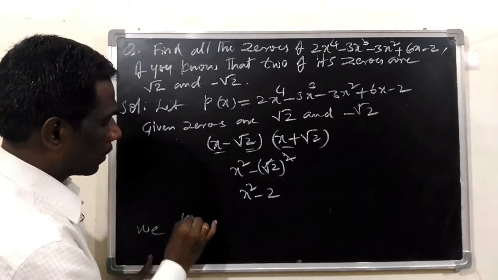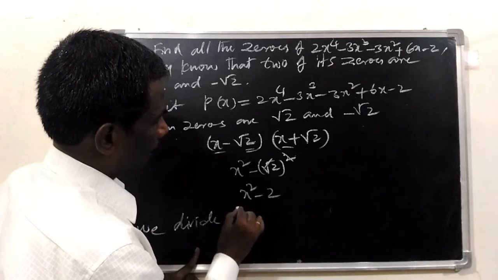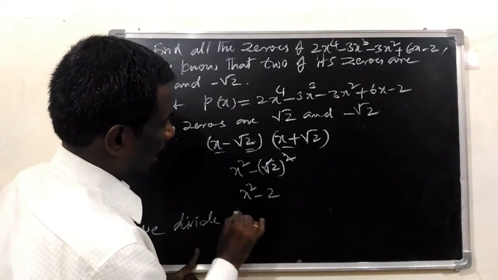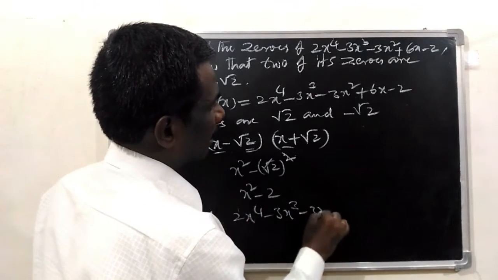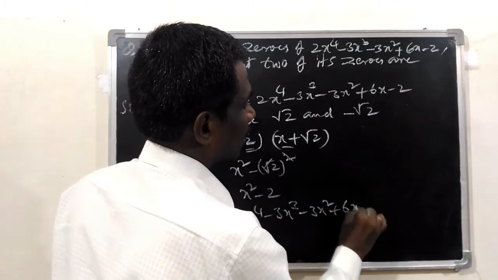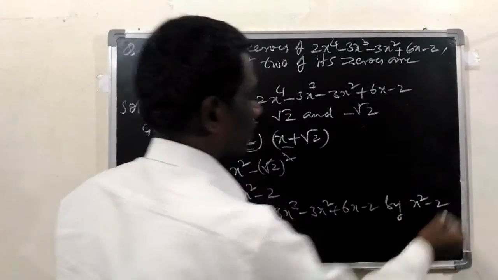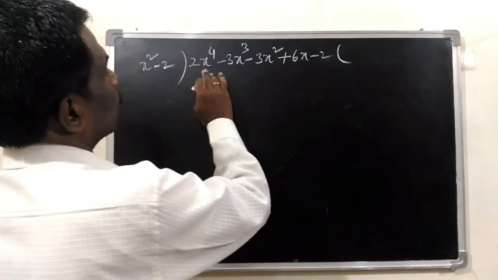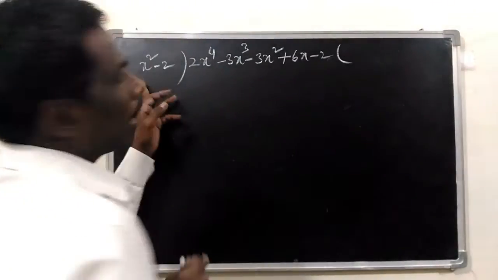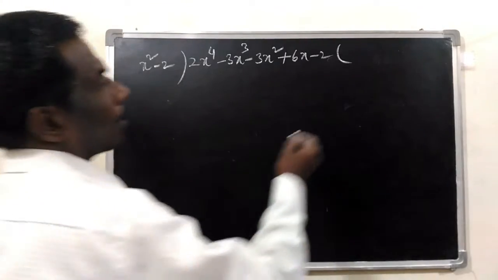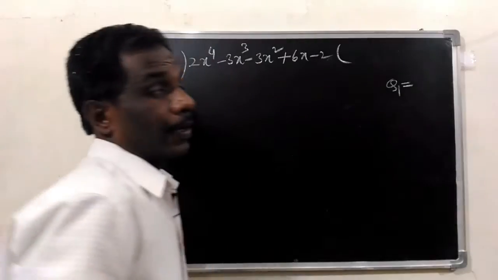We divide 2x power 4 minus 3x cube minus 3x square plus 6x minus 2 by x square minus 2. To find the first quotient, what should we do?